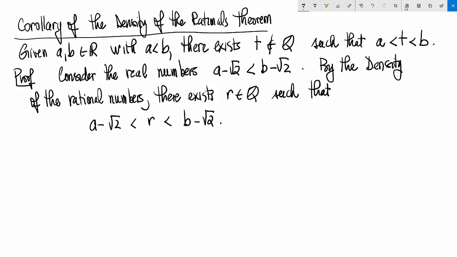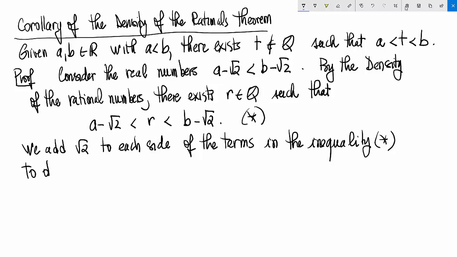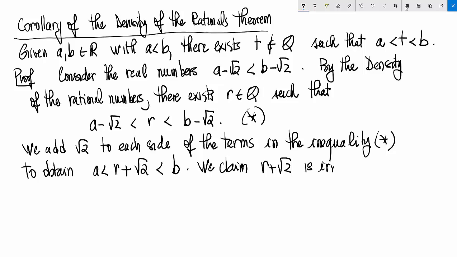And next we'll add square root of 2 to each side of the terms in the inequality star to obtain that A is less than R plus square root of 2, which is then less than B. And I claim next that R plus square root of 2 is irrational.